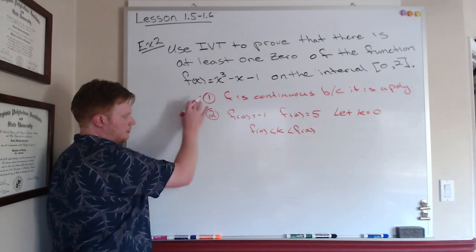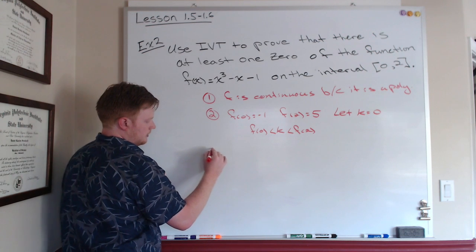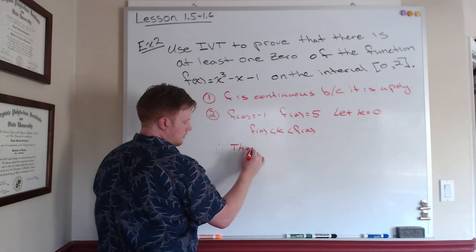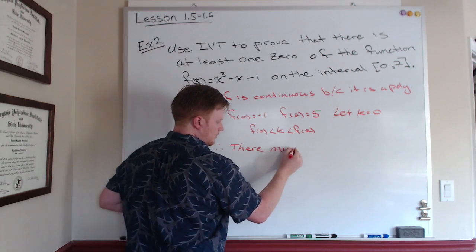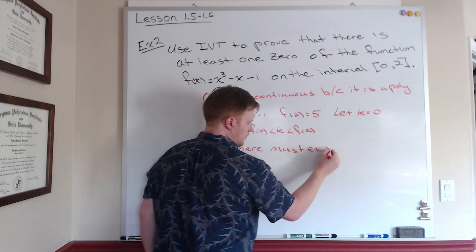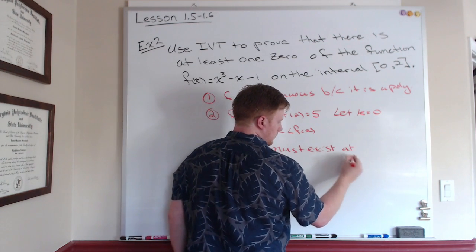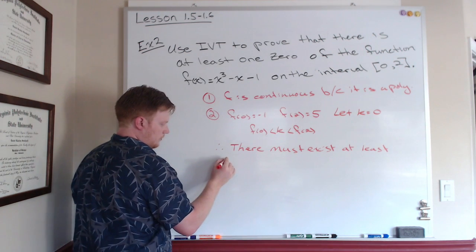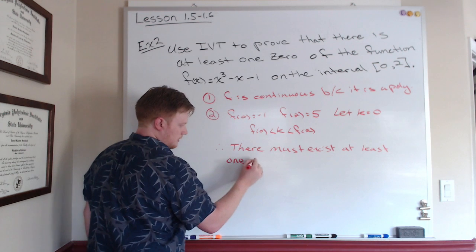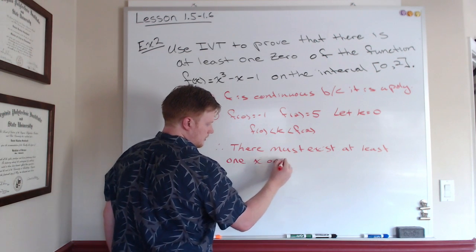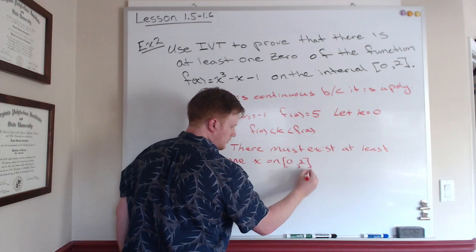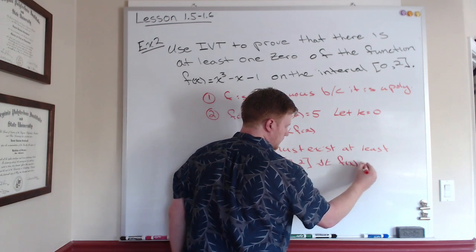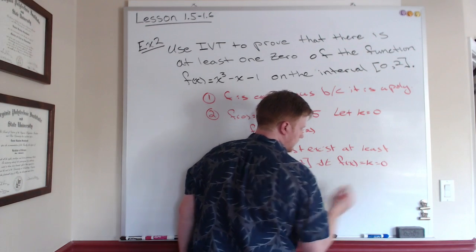The two hypotheses lead to the conclusion that, therefore, there must exist at least one x on the interval 0 to 2 such that f of x is equal to k, which we said was 0.